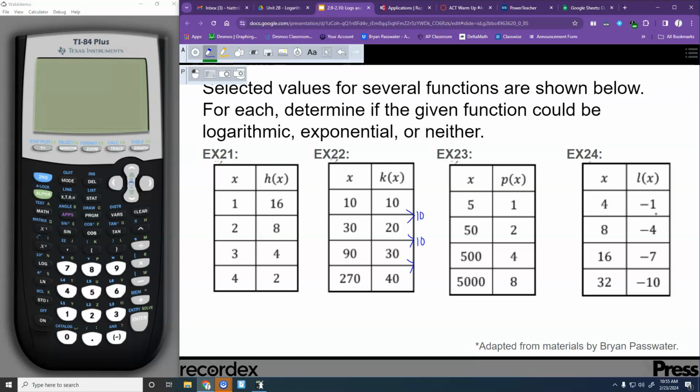We're going up by equal amounts on the y value. So here, times 3, times 3, times 3. So we're multiplying for our x values, adding a certain amount for our y values. That is a log.